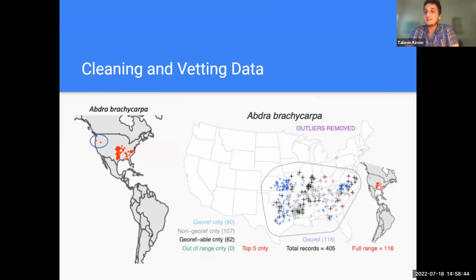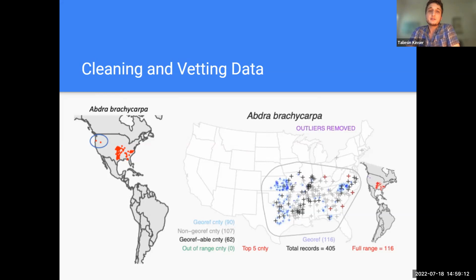And now, anytime you're dealing with a lot of data, and this is definitely one of the realities and the complications that come, a lot of the data isn't great for a variety of reasons. You can see that the map on the left shows one species, and I plotted the different localities that we get from these databases.